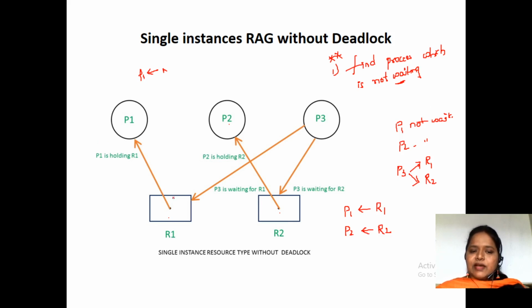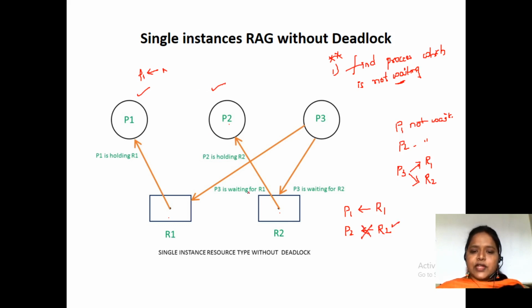So P1 is having the resource R1 and P2 is having the resource R2, but P3 is waiting for resources R1 and R2. If either process P1 or P2 completes its task first, suppose P2 has completed its task first, it will release the resource R2.